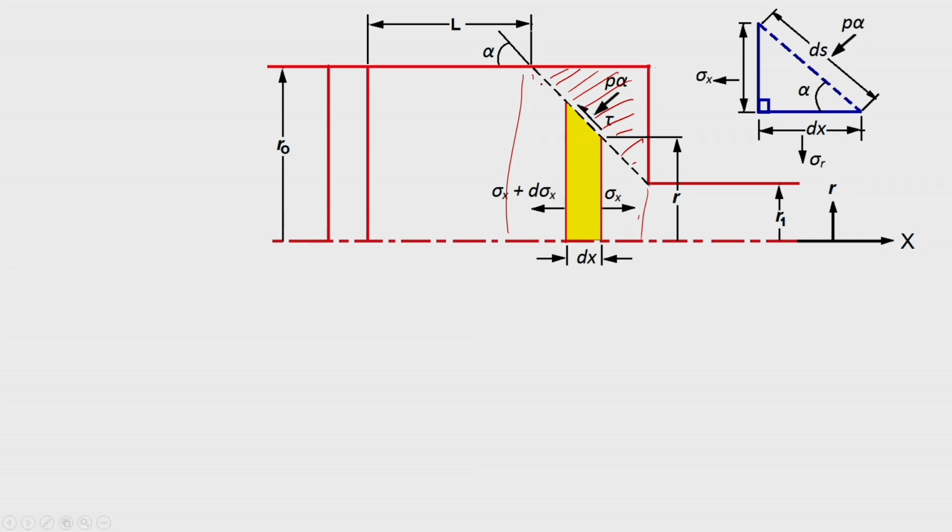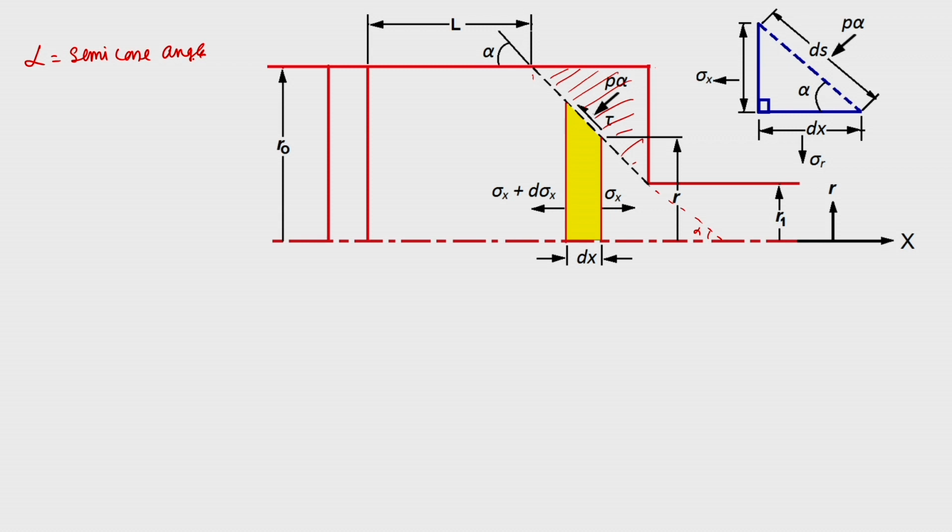The deformation zone is a conical section with an included angle of 2 alpha. Because it is symmetric, this is alpha, which is called the semi-cone angle.